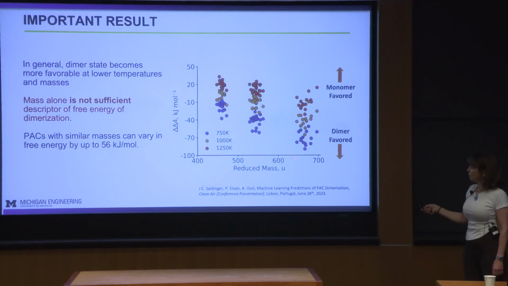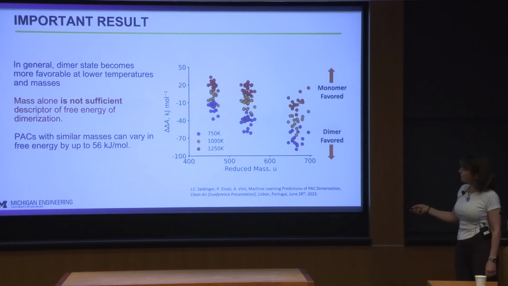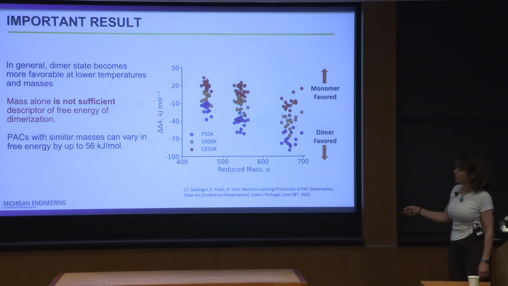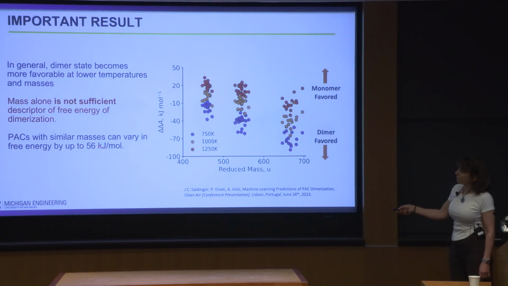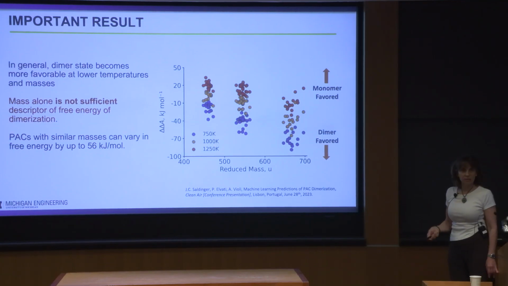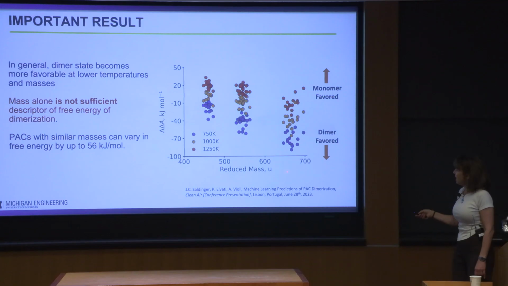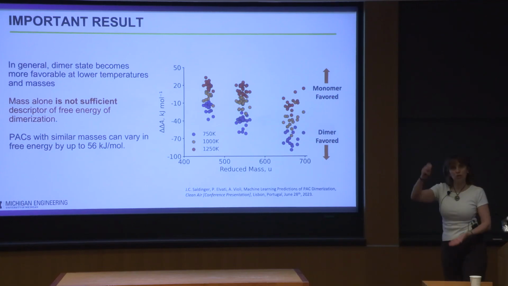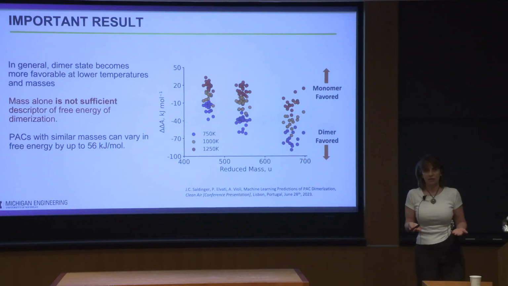What you see is that for the same reduced mass, let's look here, for example, you can have a difference in the free energy that goes from here, that is actually 56 kcal between this guy and this guy here. They can go here, or they can go all the way up here. So the same reduced mass gives you a huge span of free energy for dimerization.